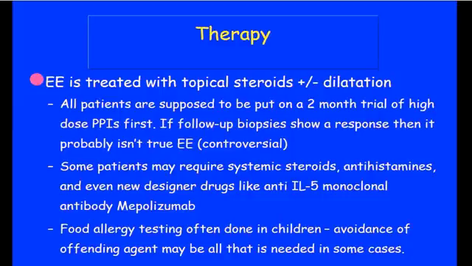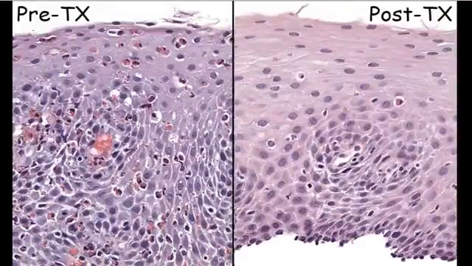They put the kid on an elimination diet, figure out what they're allergic to, but for some reason, they don't do that with adults. There's been a trial of a fancy monoclonal antibody against interleukin-5, which did work. To me, that seems like using a sledgehammer to kill an ant. But whatever you choose, it's pretty easy to get rid of the eosinophils over a few months' time. It's not so easy to get rid of the symptoms.